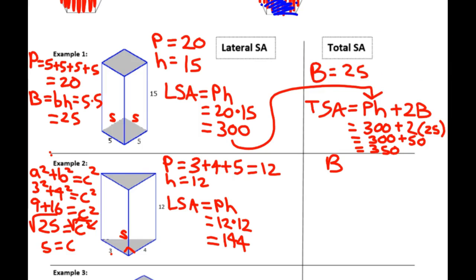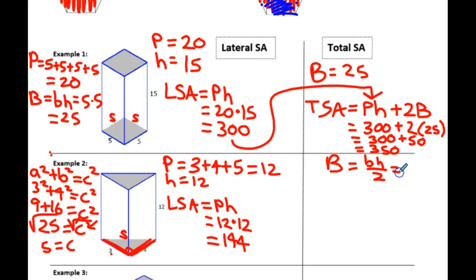So, now notice that's little b times h over 2. Now, what do you think little b is? What's the base of the base shape? Okay, so on this right triangle, the base would be 3, and then the height would be 4, because it's a right triangle, base and height.